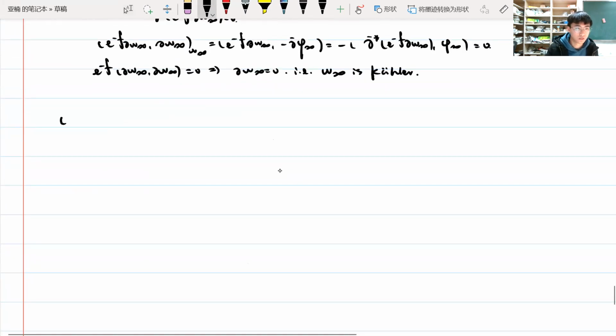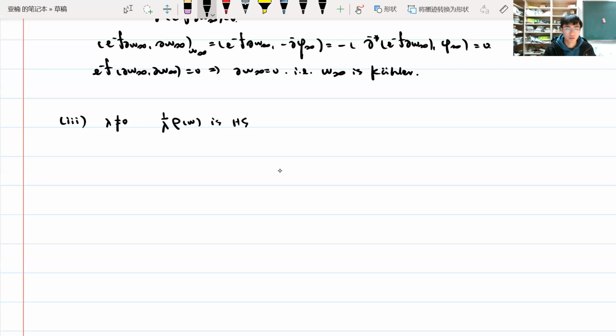And I'd like to talk about another application of the decreasing of F. Recall that if lambda not equals 0, then lambda omega is Hermitian symplectic if omega is a static metric.